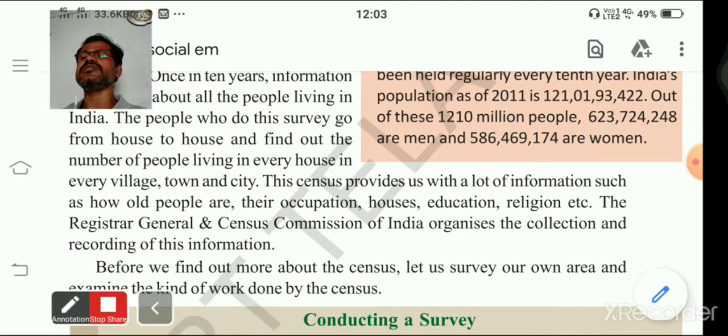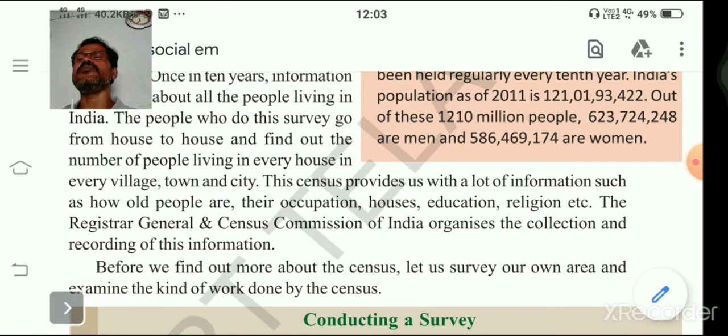This is an organization to acquire the information of the people, that is a census. So once every 10 years, the census is calculated by the Registrar General and Census Commission. It organizes collecting the data and recording the data of the people. That is what we call census.